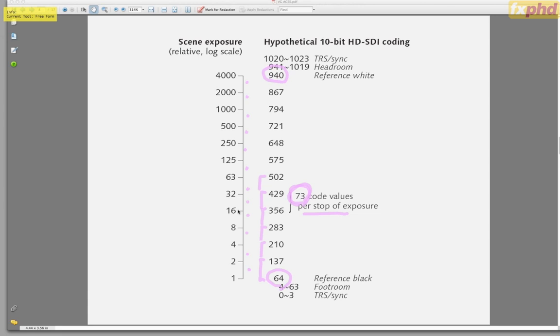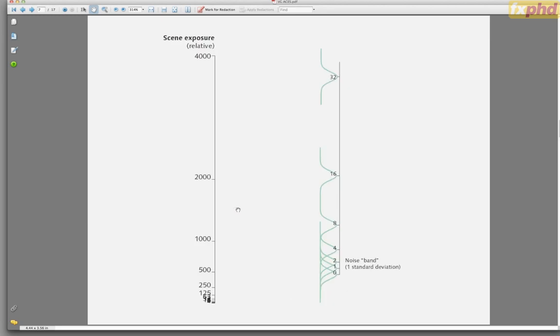Now, the thing I want you to realize from this is, if you look at the previous slide, those noise bands were starting to overlap at the bottom end. So in a real camera, you would see these noise overlaps, and you're not really sure what the signal was.